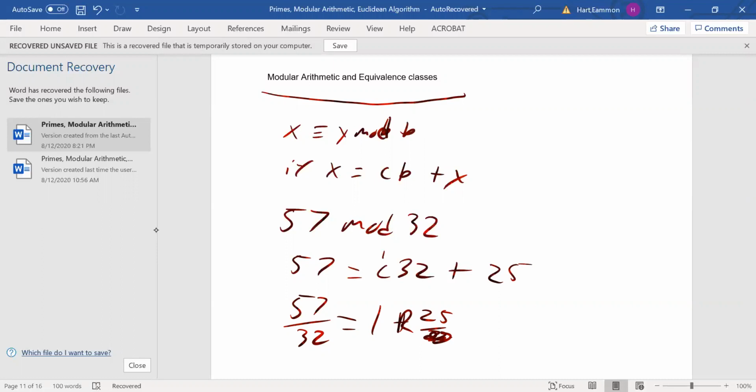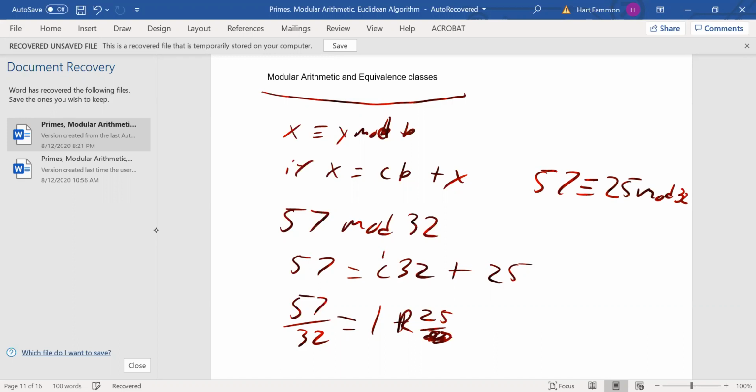I don't really care what that c is, because when I'm doing modular arithmetic, I don't actually care that much. Usually if this was 52 versus 89, which would be the next thing that's equal to 25 mod 32. So we get 57 is equal to 25 mod 32.